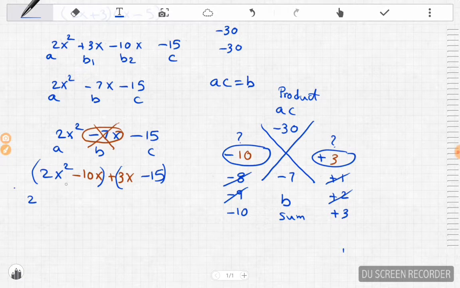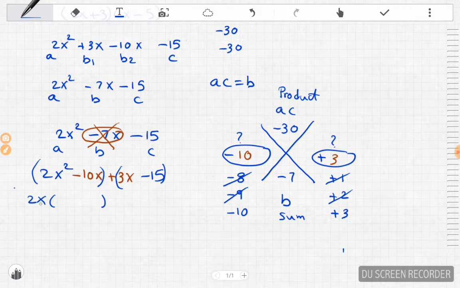And for the x, take the least exponent. X squared and x, I'm going to take x. Right? And then I'm going to divide each one of them and put the answer over here. So I'm trying to find what amount times 2x gives you 2x squared. You'll find that when you divide 2x squared by 2x, 2 divided by 2 is 1. I'm not going to write 1 unless it's alone.